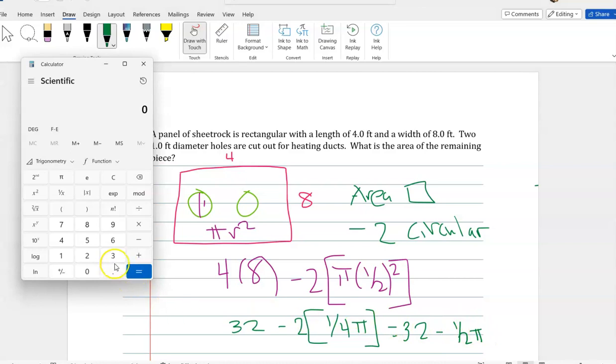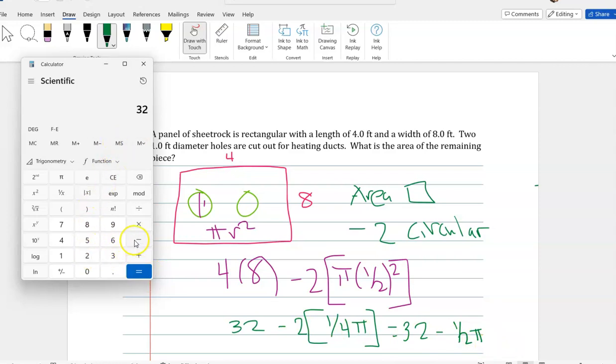Now I'm going to get my calculator out. I'm going to do this a little bit backwards just because it's easier to put into my calculator that way. So 1/2 times pi. Okay, it's going to be pi times 1/2. So this is my second half. I'm going to store this to make it easier.